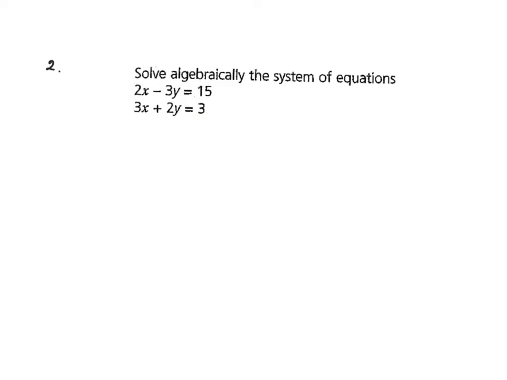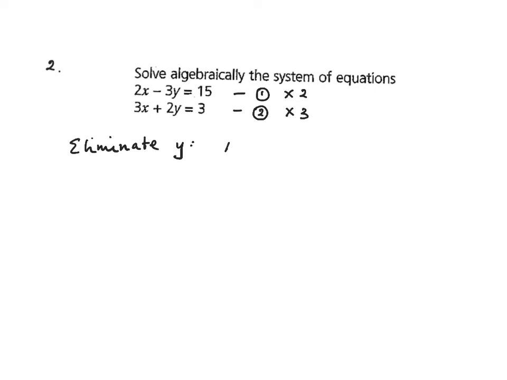Question 2, solving a pair of equations. I'm going to call this equation 1 and this equation 2. I am going to eliminate y. I'm going to multiply equation 1 by 2 and equation 2 by 3.